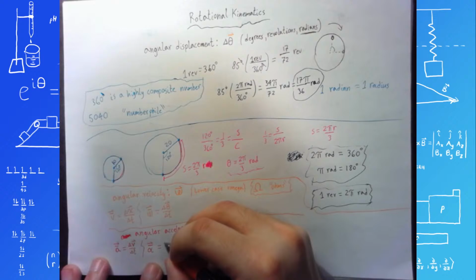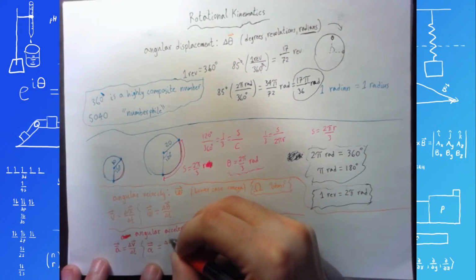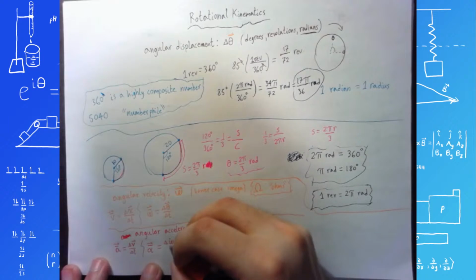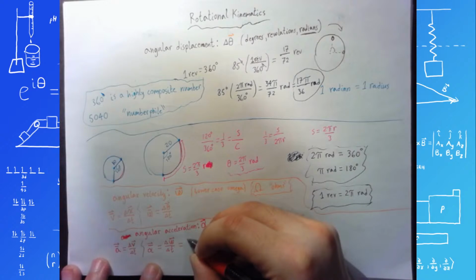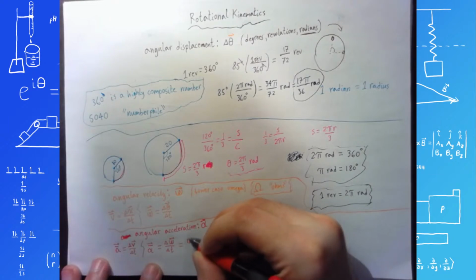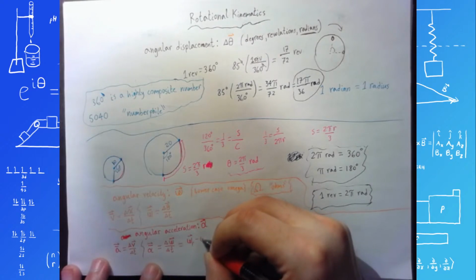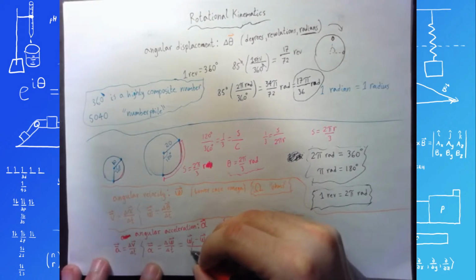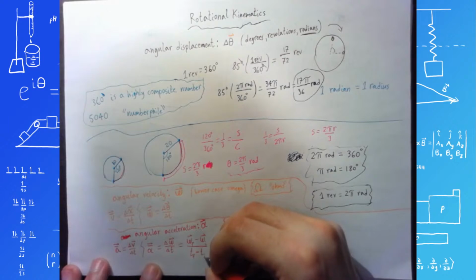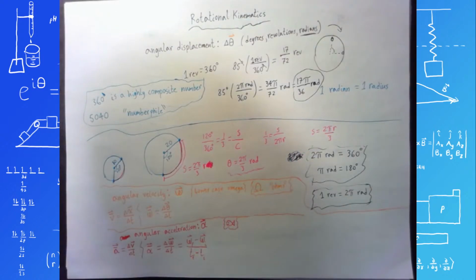We can say that it's change in angular velocity over change in time. Omega final minus omega initial over t final minus t initial, where t final will usually just be t and t initial will usually just be 0.